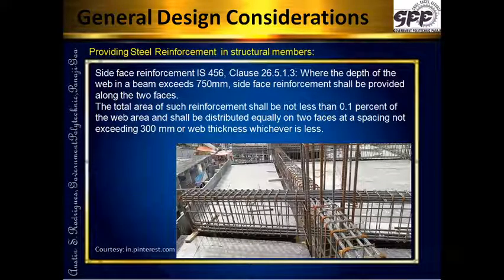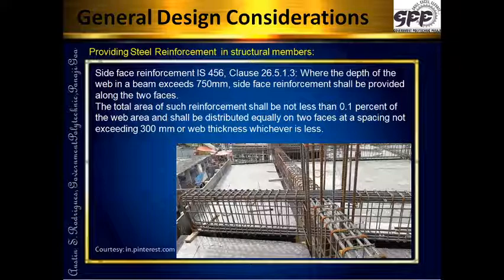Now there is something called side face reinforcement. Now there is a clause for side face reinforcement when the depth of the web, the portion of the projection in a beam, the beam has the part which goes in the slab and the other part which projects out from the slab. Now the part which projects out from the slab, if it is 750 or above, when it crosses 750, it says provide side face reinforcement.